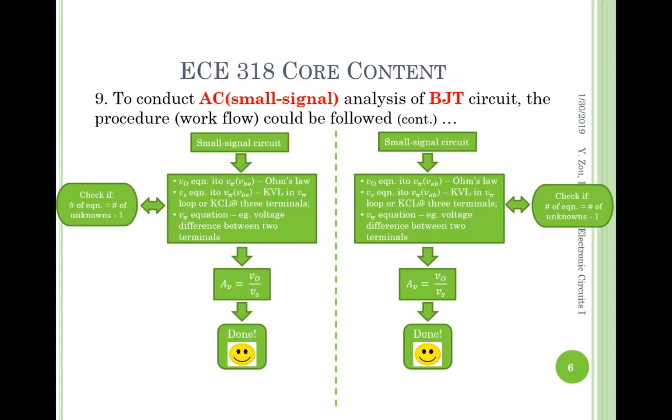A similar procedure applies to the PNP route, except again the variables. Alright, that will be all for today's video, and it covers the DC and AC analysis workflow for BJT transistor circuits. Let me know if you have any comments or questions.